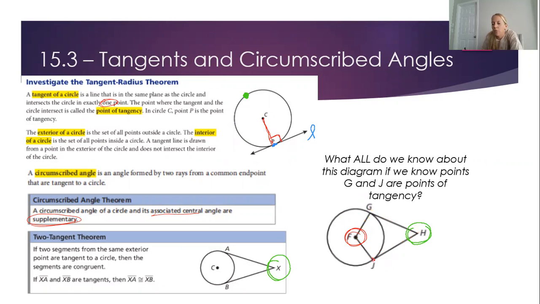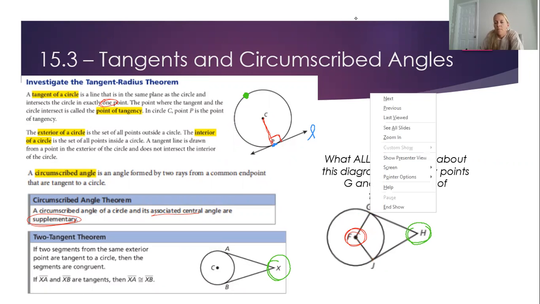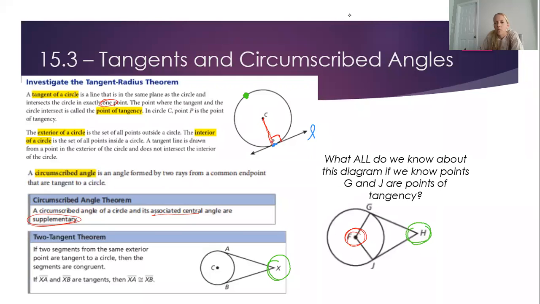Don't they intersect the circle at the exact same endpoints? Okay, so they intersect the circle at exactly the same endpoints. And that's what it means, associated central angle.